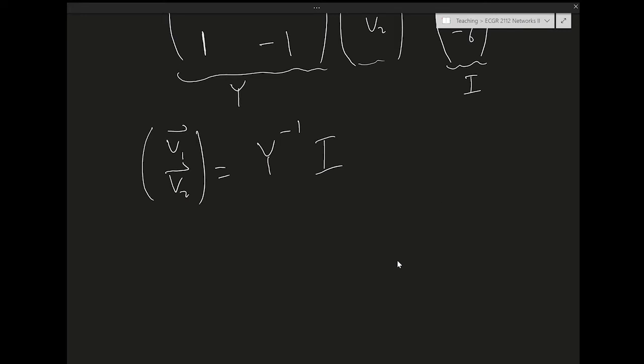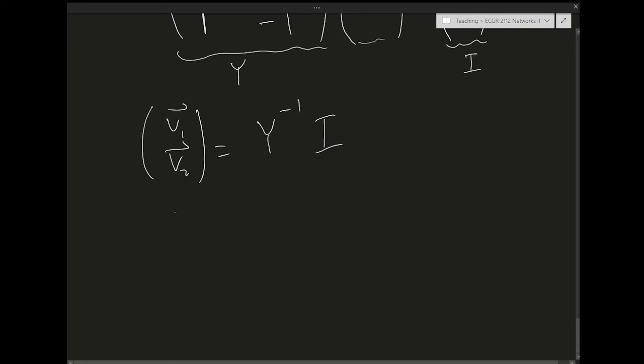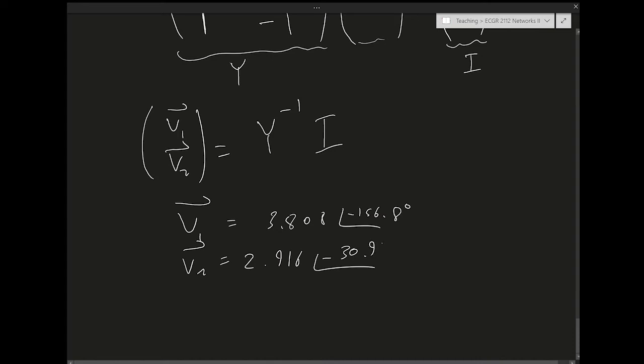So we said after we solved this in MATLAB, we got V1 equals 3.808 with an angle of minus 156.8 degrees, and then V2 is 2.916 with an angle of minus 30.96 degrees.